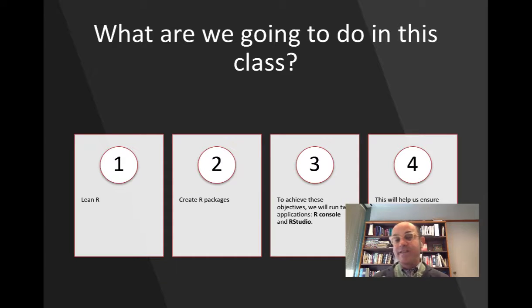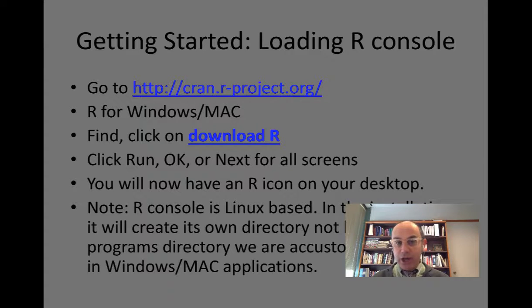The console was the first version, and R Studio is the latest version, which is a more user-friendly environment. And 4, I want you to be involved in the community, and I'll show you the links to the community that is so engaging, helping other new users get engaged in the R project.